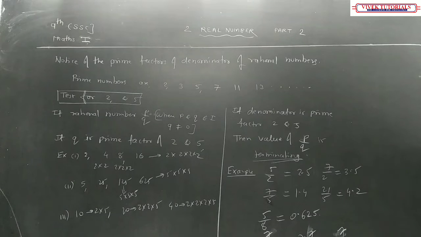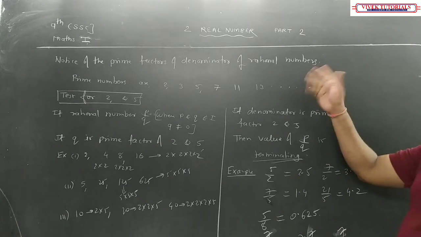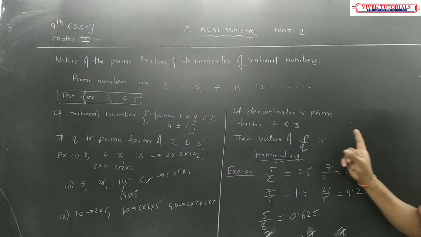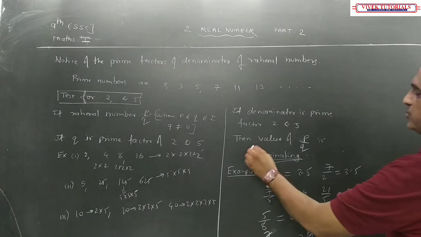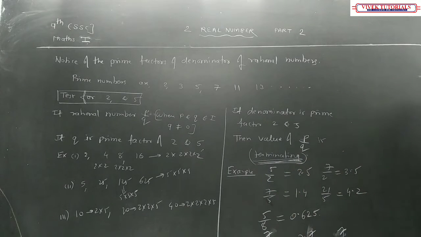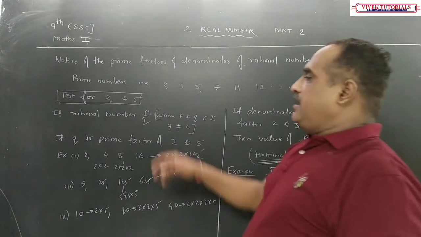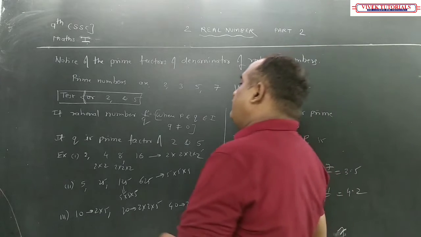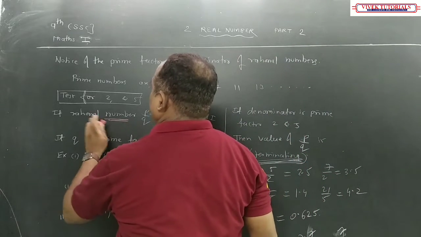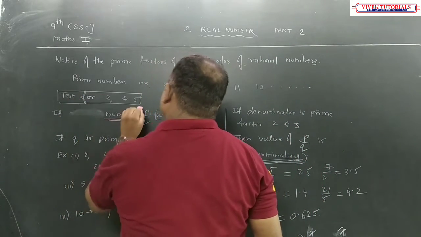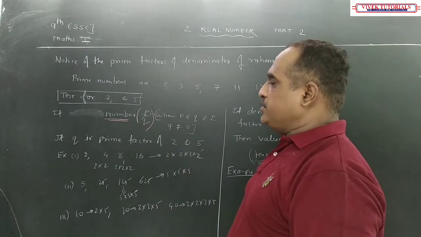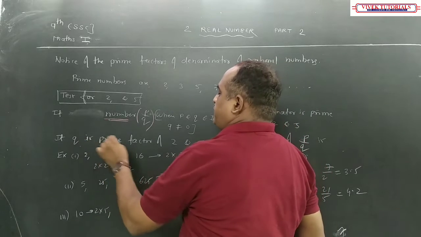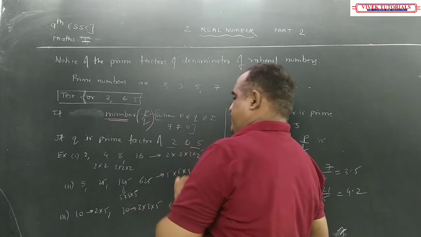The reason is 10 is a factor of 2 and 5. If this condition is there, then the value of P/Q is terminating. Once again, for rational numbers, the number in the form P/Q, where P and Q belong to integers and Q is not equal to 0, if Q is a factor of 2 and 5.